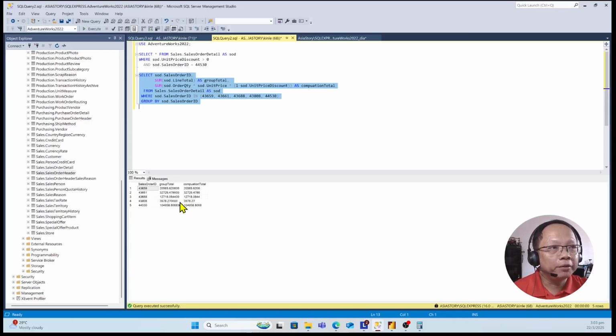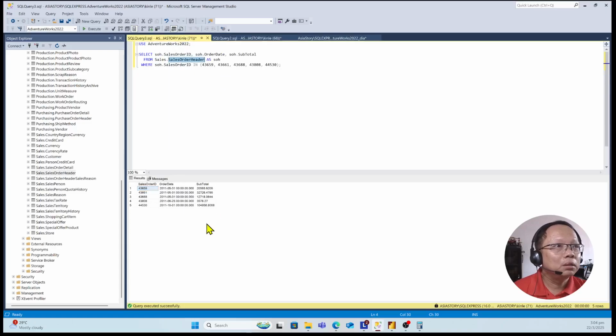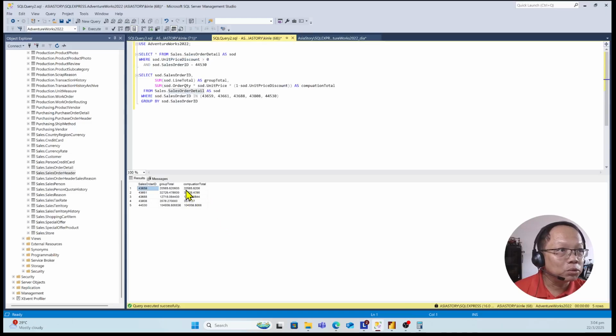Now we have the group total. That means it's grouped by sales order ID in the sales order detail table. I have 20565.620.6, that's correct.